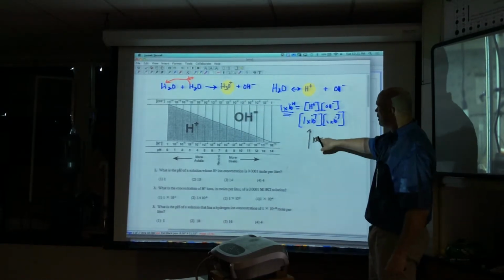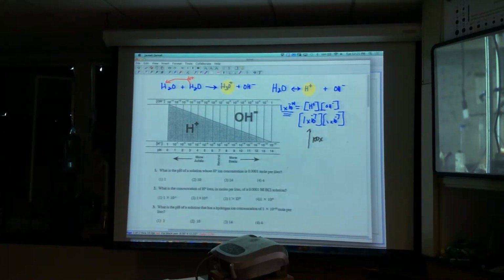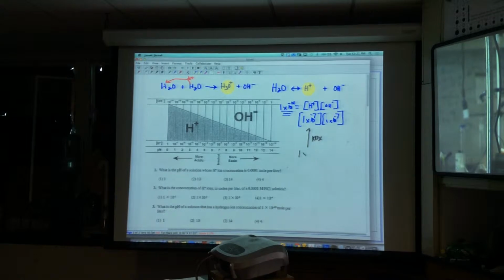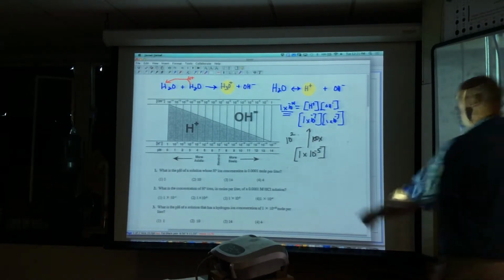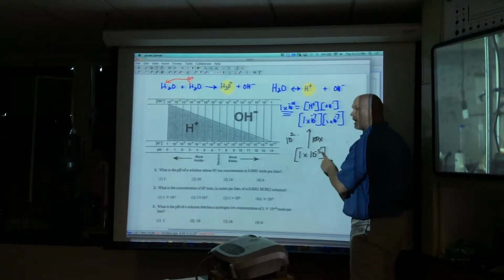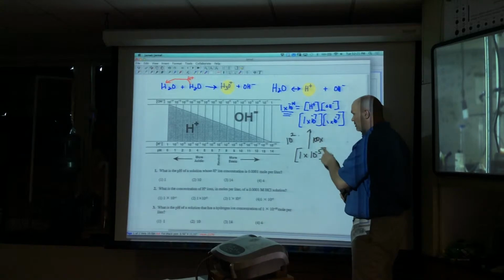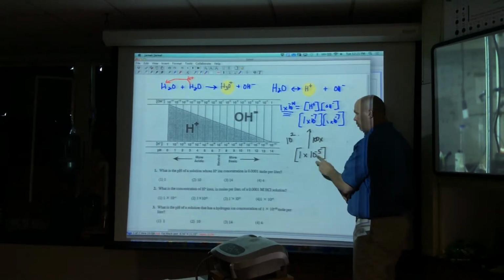If I increase this 100 times, what's my number? 1 times 10 to the negative 5. I've just increased it 100 times. Isn't 100 10 to the 2 base 10? 2 zeros? So this times that, negative 7 plus 2 is negative 5, right? That's what it's doing here. This is getting bigger by 2 zeros. What's the pH now?